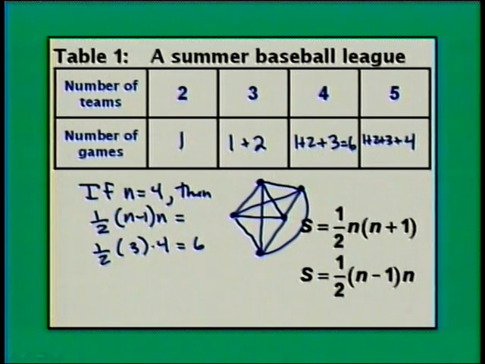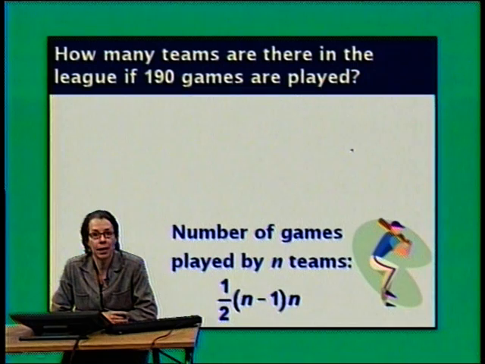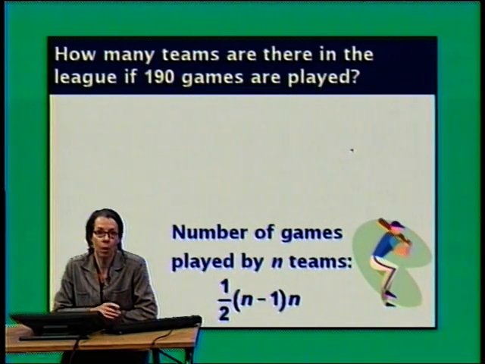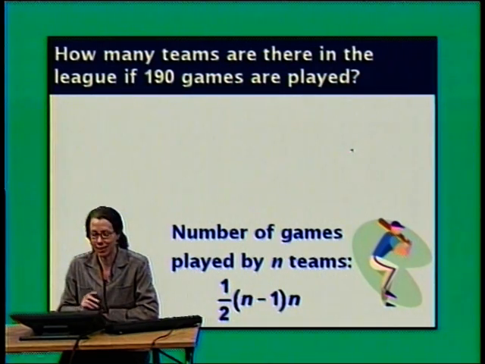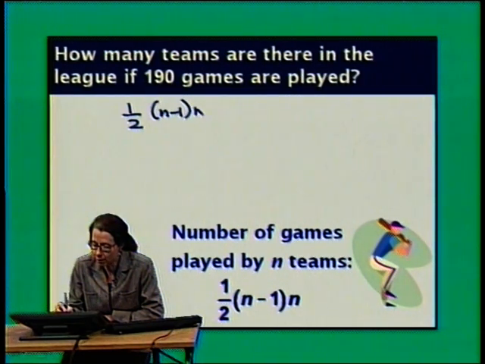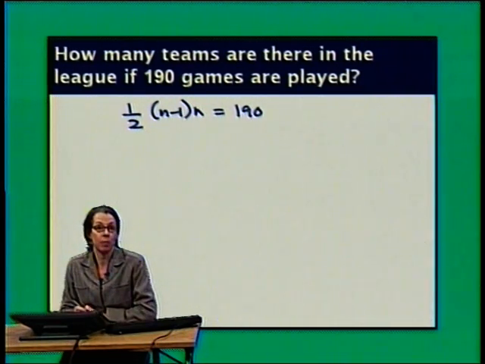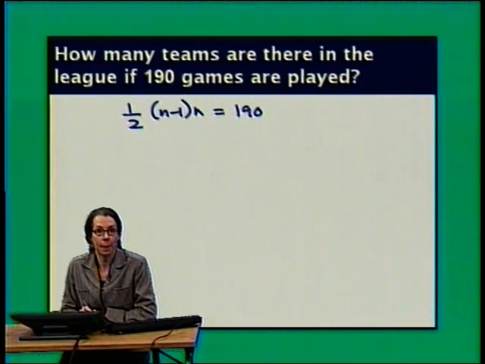Now we have to answer the question. How many teams are in the league if 190 games are played? Well, we have our formula for the number of games played with n teams in the league. So I want to solve the equation 1/2 times (n minus 1) times n equals 190. This is going to be a quadratic equation.